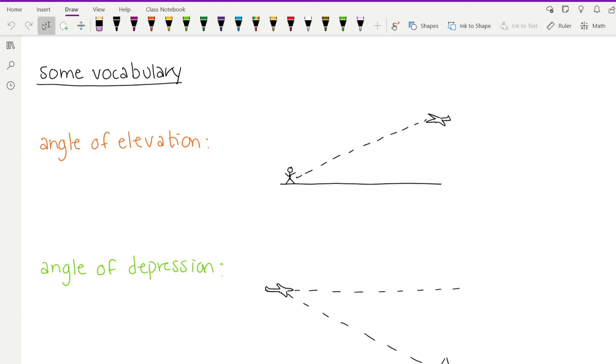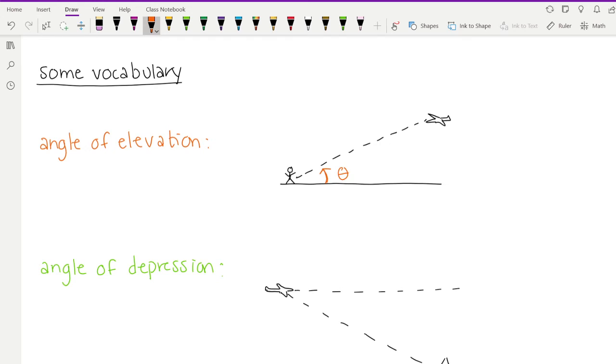One example that you could imagine is, say you're standing on the ground and you're looking up at a plane in the sky. If you were to measure the angle that goes from your position vertically up to where the plane is in your line of sight, that is called the angle of elevation.